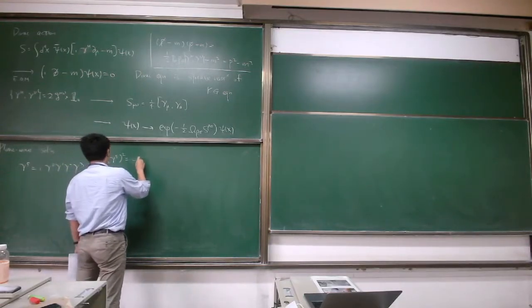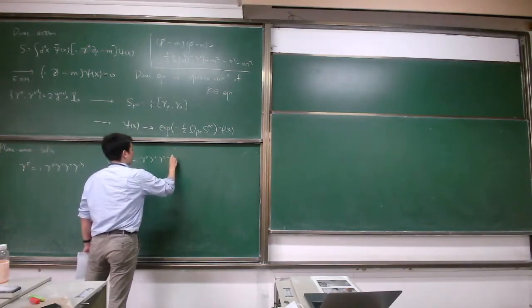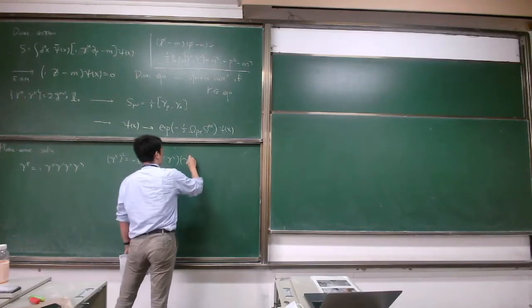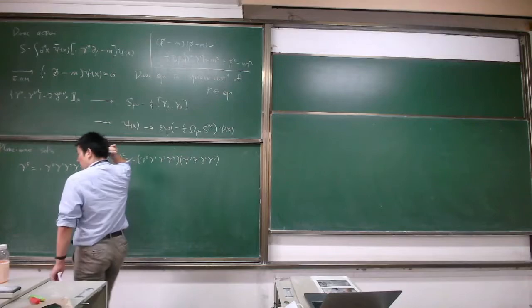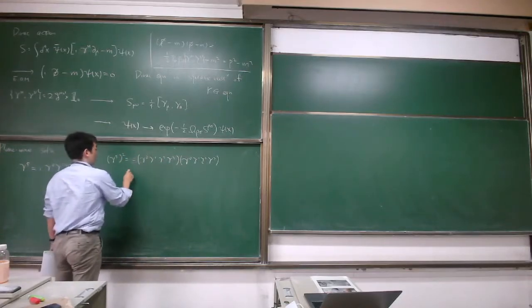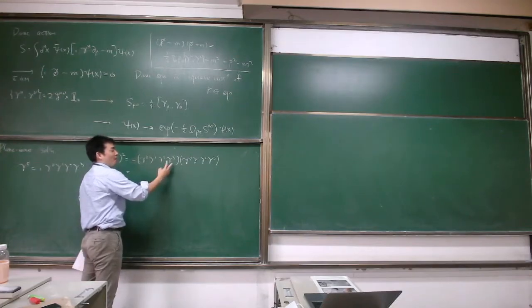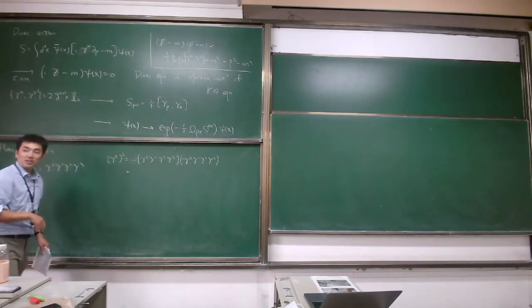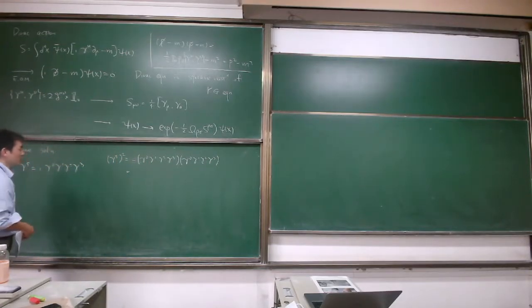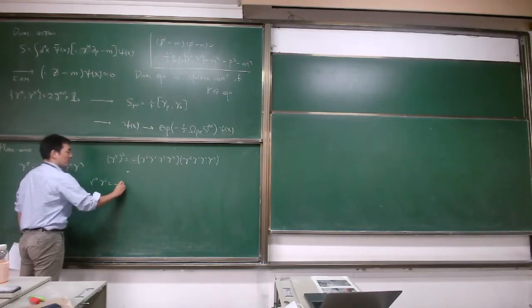For instance, minus gamma 0 gamma 1 gamma 2 gamma 3 times gamma 0 gamma 1 gamma 2 gamma 3. Bring gamma 0 to here, and you have a minus sign. Do you understand what I mean? They anticommute: gamma 0 gamma i is equal to minus gamma i gamma 0.